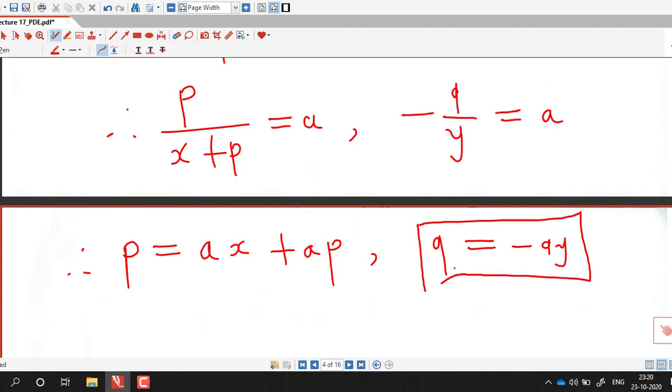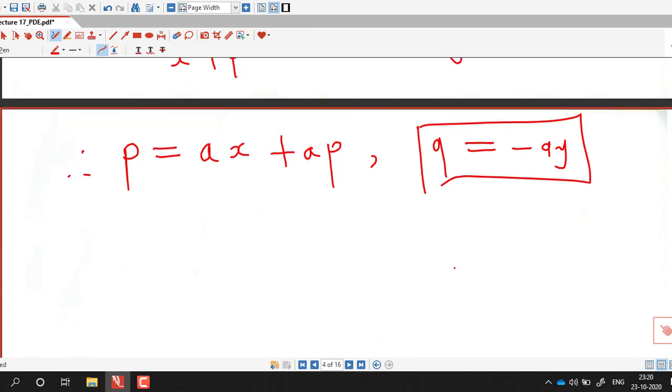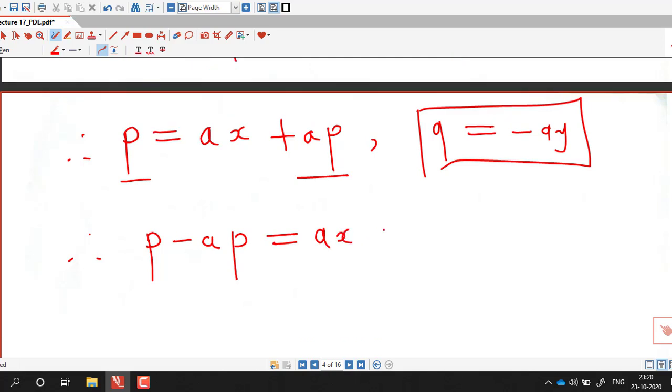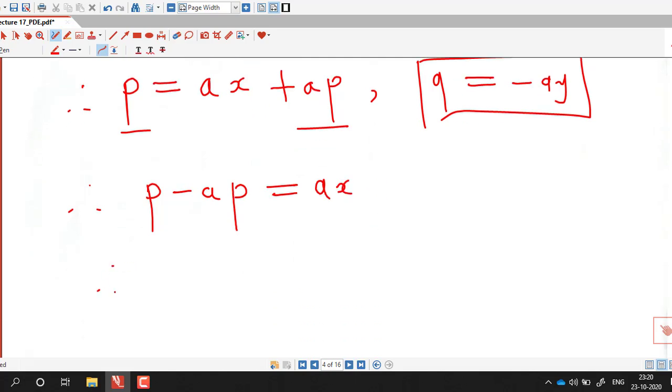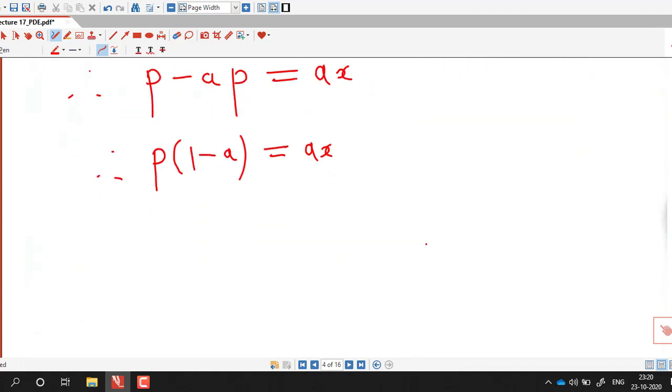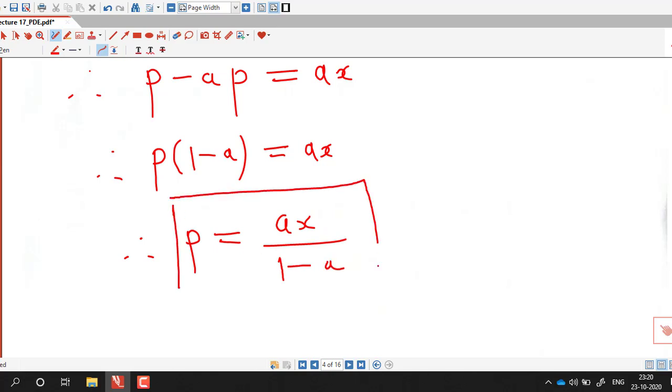So the value of q is minus a into y. I require the value of small p, so I take this term on the left hand side. So I have p minus a times p equal to a into x, and this is p times 1 minus a equal to a into x. Therefore p equal to a into x over 1 minus a.